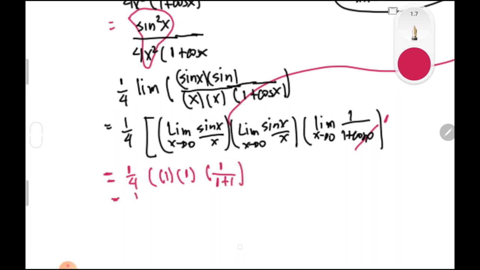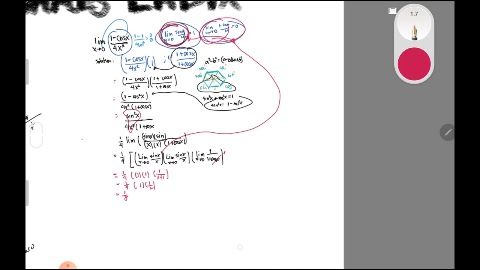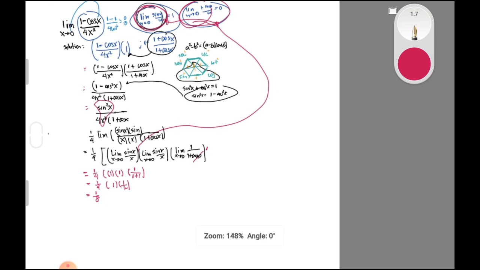So we'll have a value equal to 1/4 multiplied by 1 multiplied by 1/2, which is equal to 1/8. So guys, before you solve any problem, be sure you have your objective, so you have somewhere to go.